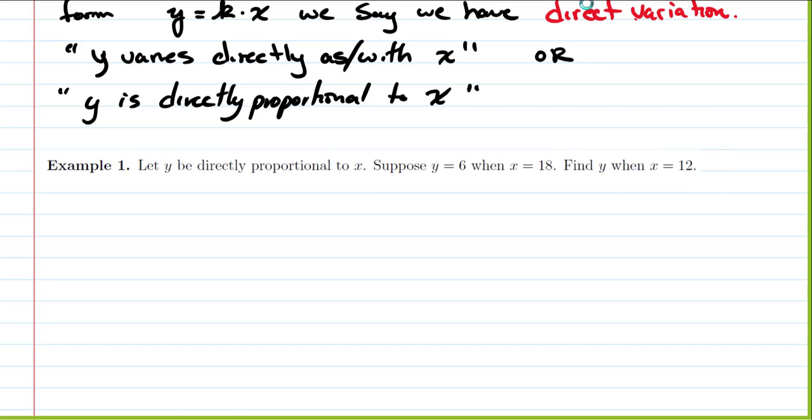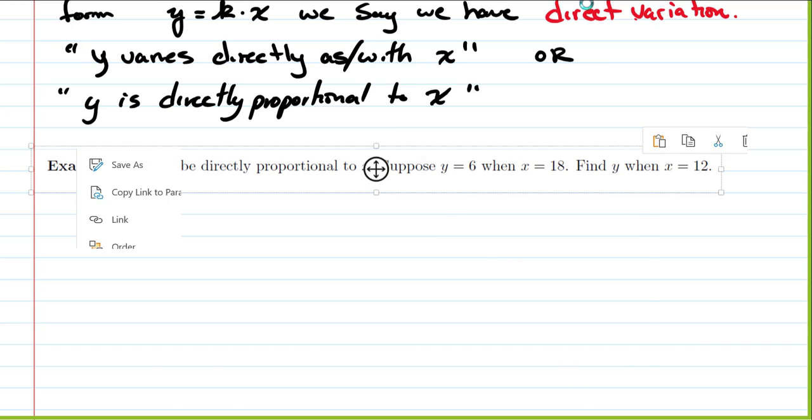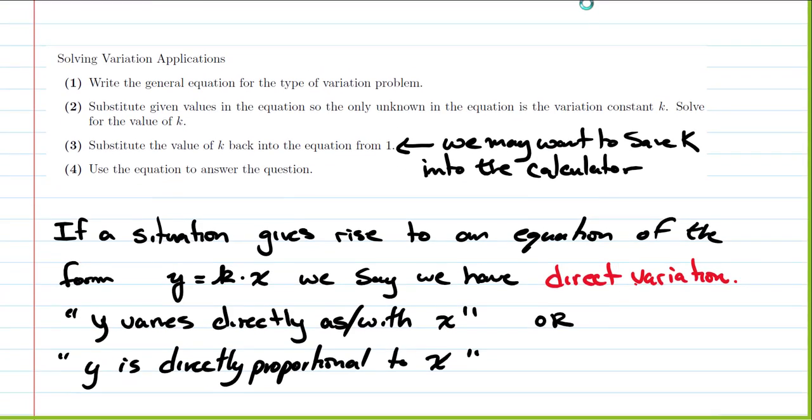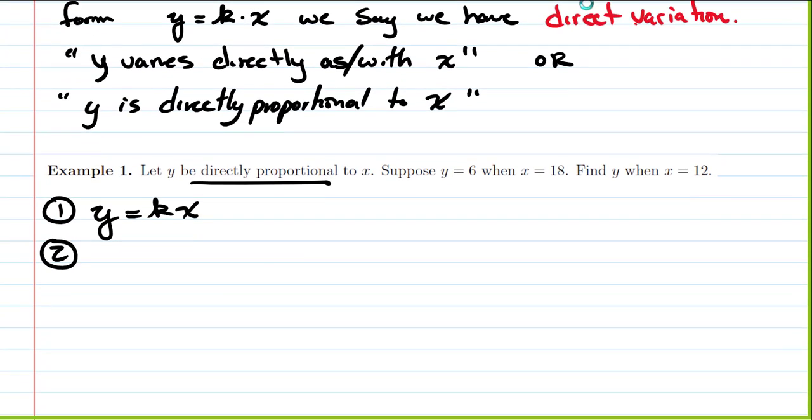So example 1: let y be directly proportional to x. Suppose y is 6 when x is 18. Find y when x is 12. Our first step in this process, since we have direct proportionality, we know our model is y equals k times x. Step 2 is we need to identify an ordered pair.